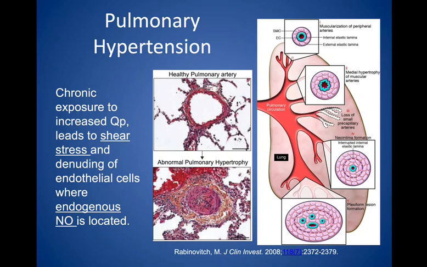The key pathophysiology is that chronic exposure to increased QP leads to shear stress, and you have denuding of the endothelial cells of the pulmonary artery, which is a fairly small lining of cells. Through that shear stress, you lose the endothelial cells.